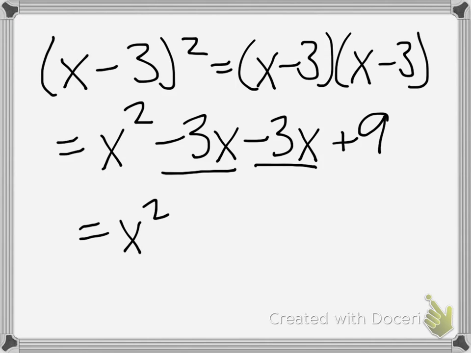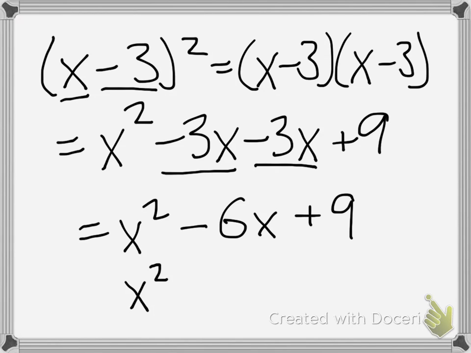I have x squared minus 6x plus 9. Now let's think about what our formula ought to be in terms of our x and our minus 3. Certainly, that's my x squared.